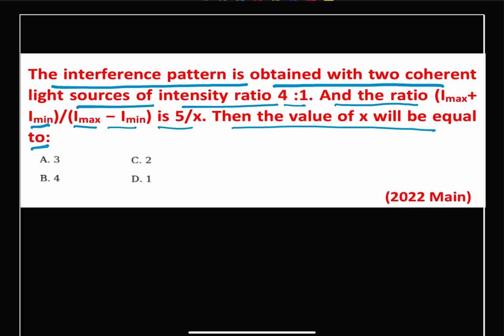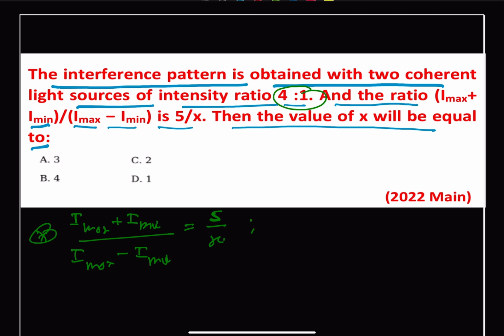So here we are given that the ratio of I max plus I min and I max minus I min is equal to 5 by x. And we are given that the intensity ratio of two coherent sources is 4:1.